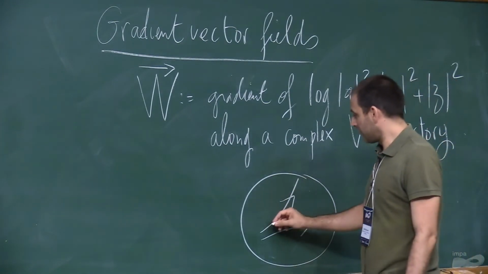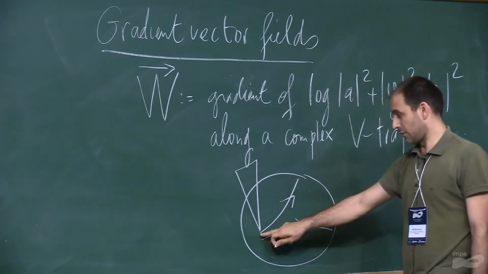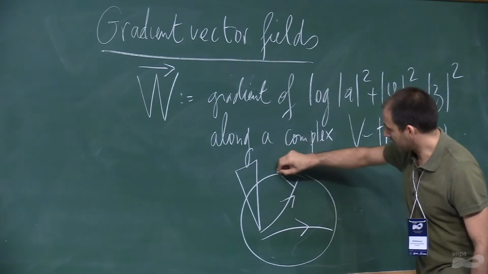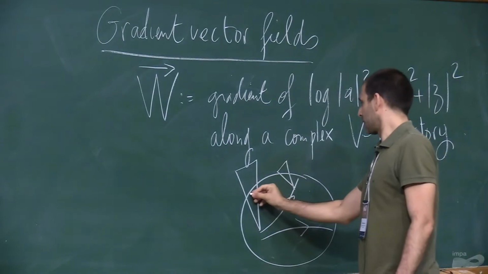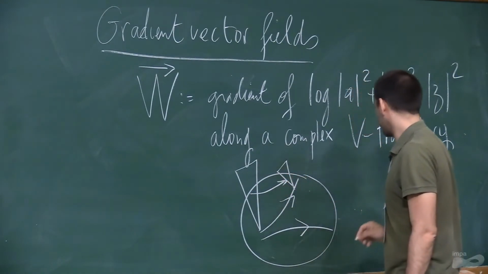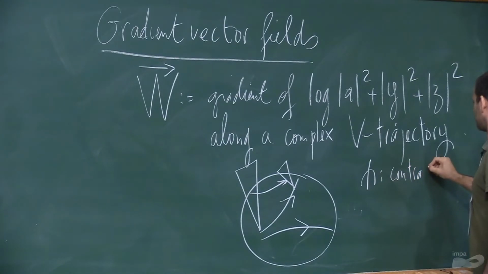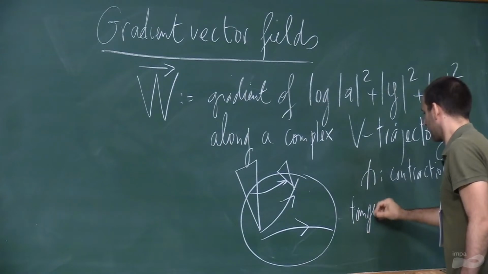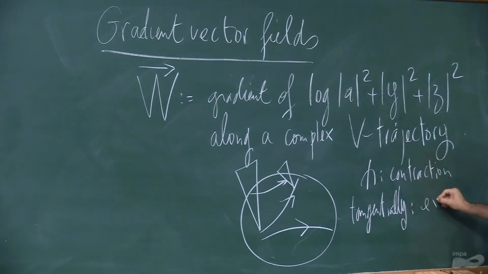And in the transversal directions, say a transversal disk of the holomorphic foliation F in P2, you have a contraction. So you have these hyperbolicity properties: transversally, we have a contraction, and tangentially to the foliation, we have an expansion.